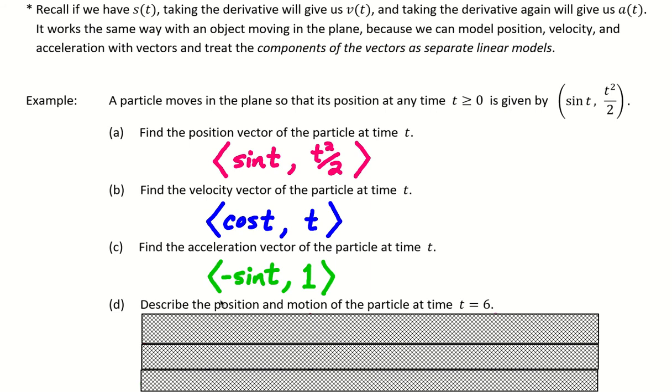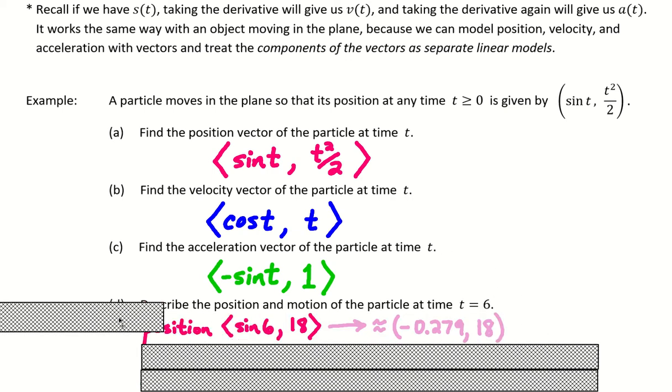Now describe the position and motion of the particle at time t equals 6. So I think here we're just going to plug in 6 to all of these different vectors. When it says describe the position and the motion, it might as well be saying describe the position, the velocity, and the acceleration. So all we're doing is literally plugging in 6 for t.